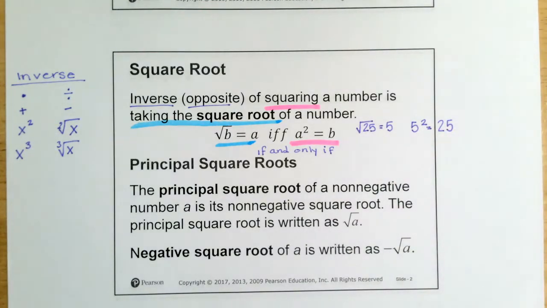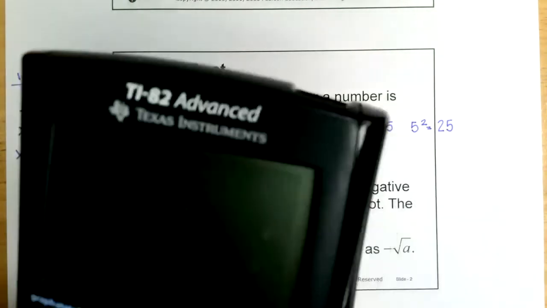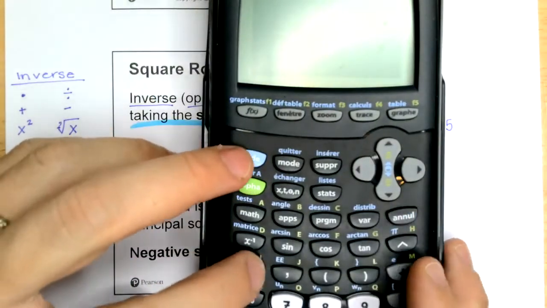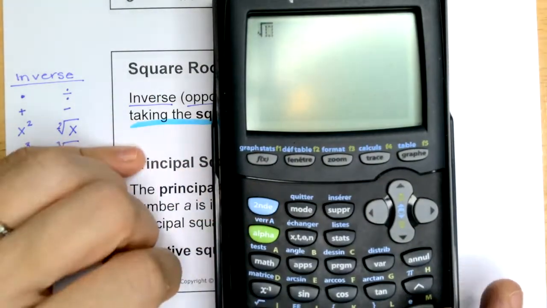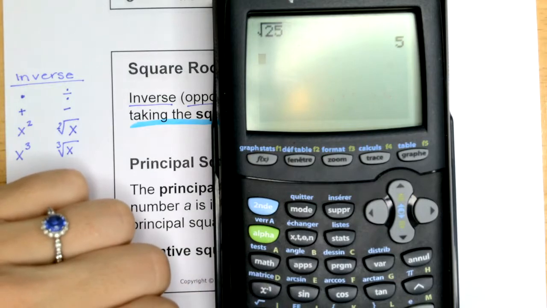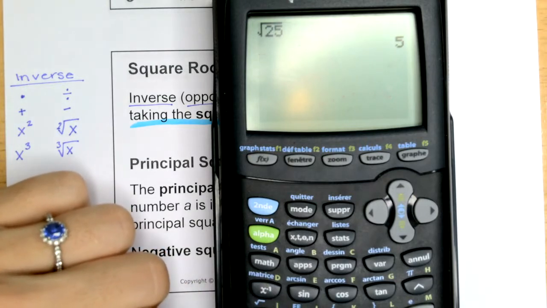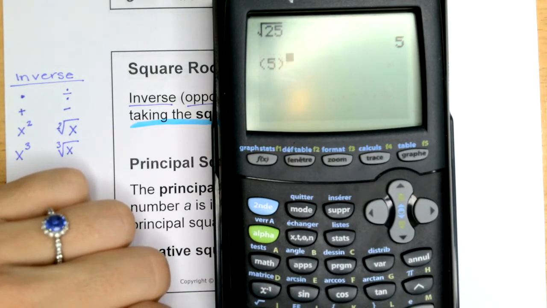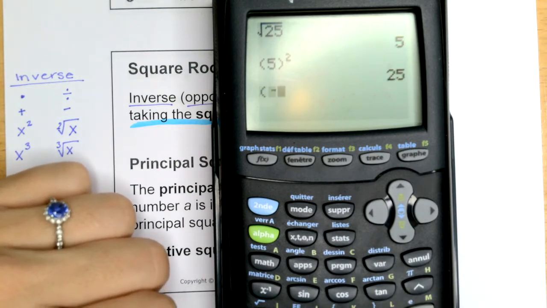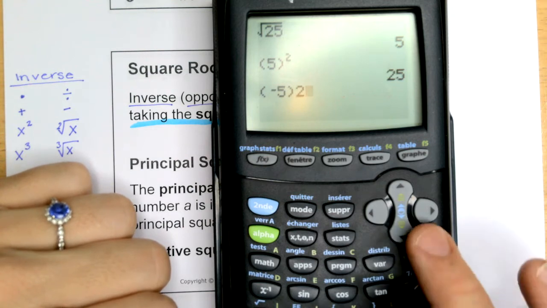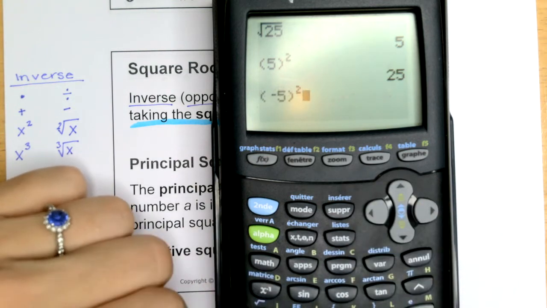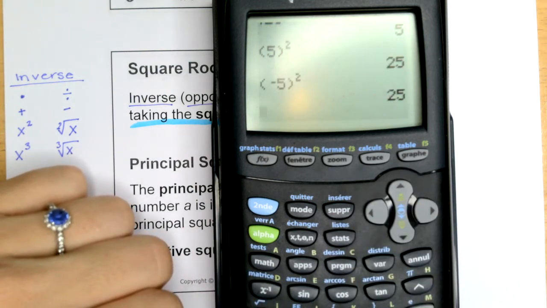Okay, so if I put the square root of 25 into my calculator, it will give me 5 because 5 squared is 25. We also know that negative 5 squared is 25, right?